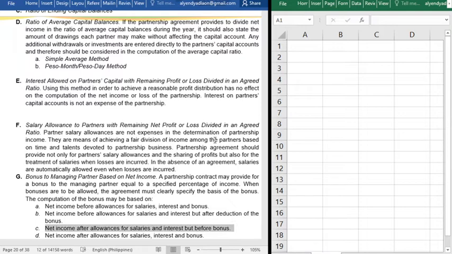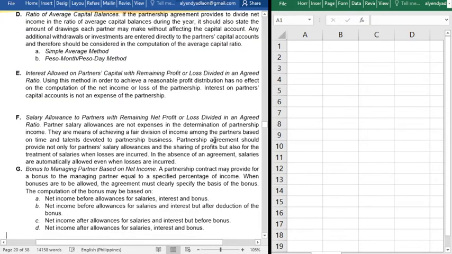Third, net income after allowing for salaries and interest but before bonus. So we are already going to deduct the salaries and interest but not the bonus. And fourth, net income after allowances for salaries, interest, and bonus. So net income minus salaries minus interest minus bonus equals the basis for the bonus. So how are we going to do that?